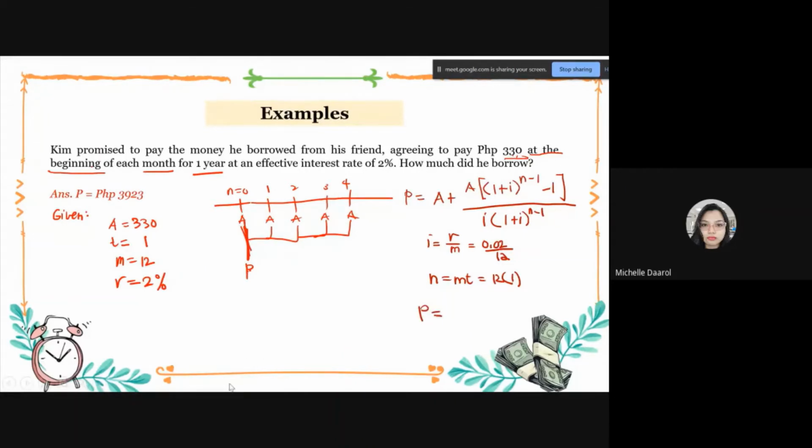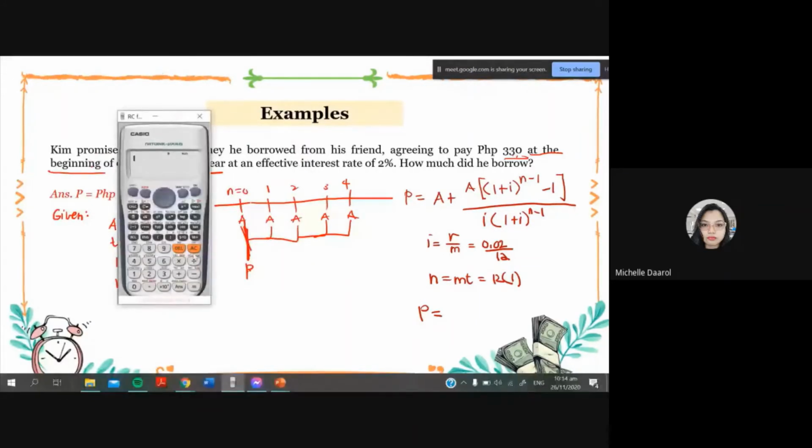So, kukuha ako ng calculator dito. Kita na lang natin sa calculator.